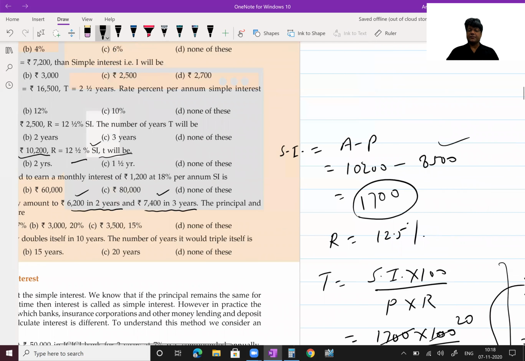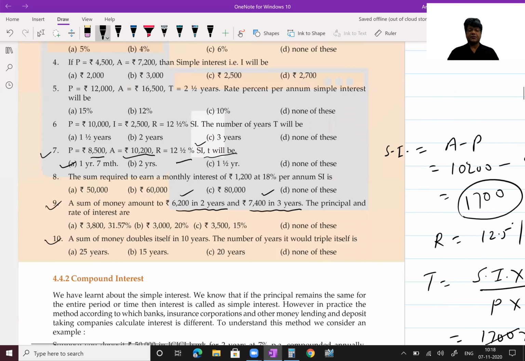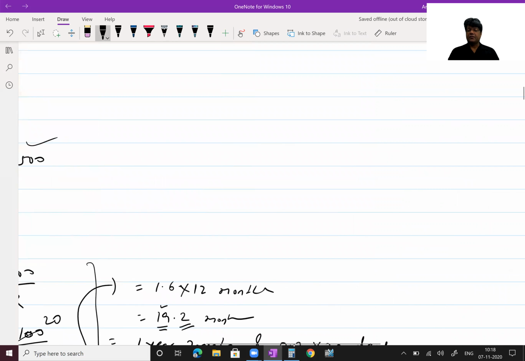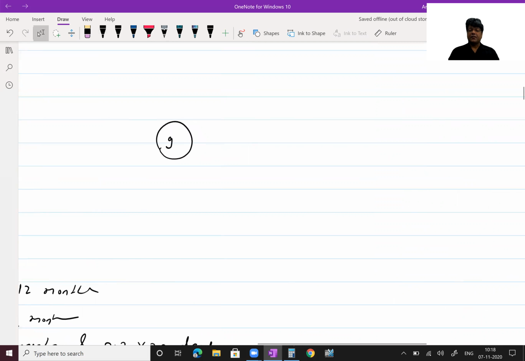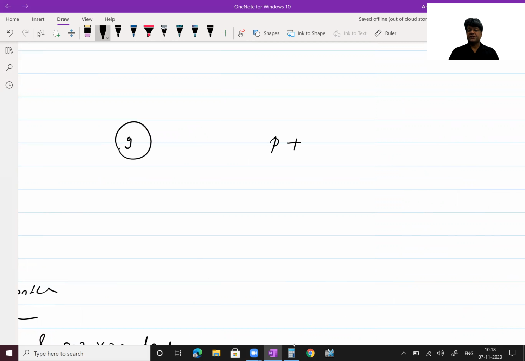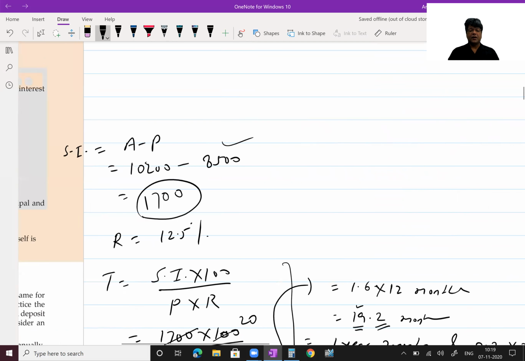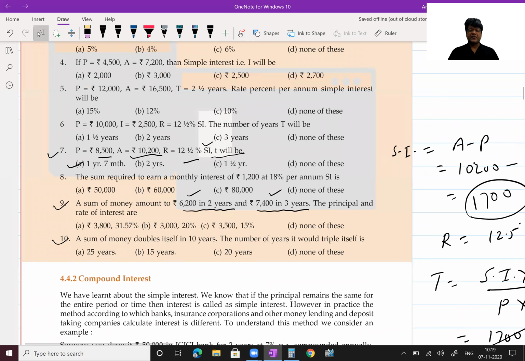So principal plus simple interest of 3 years is equal to 7400, and principal plus simple interest of 2 years, that is the amount in 2 years, is 6200.